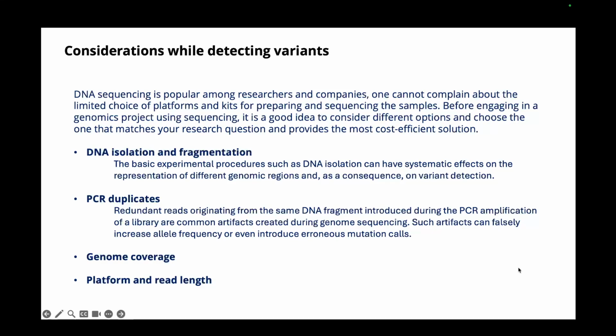And if there are variants in that region, obviously you cannot find them, because the reads are what support the evidence for these variants. And obviously, read length and platform. Short reads like Illumina give around 150 plus 150, so 300 base pairs if you consider both reads together. Long read sequencing like ONT gives you more than 1 KB.